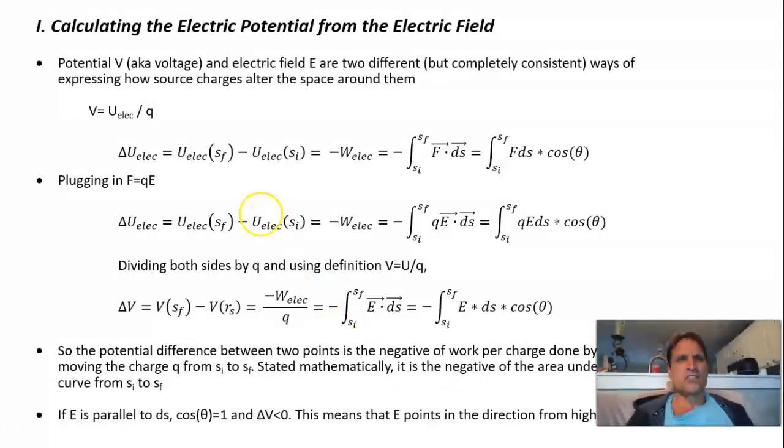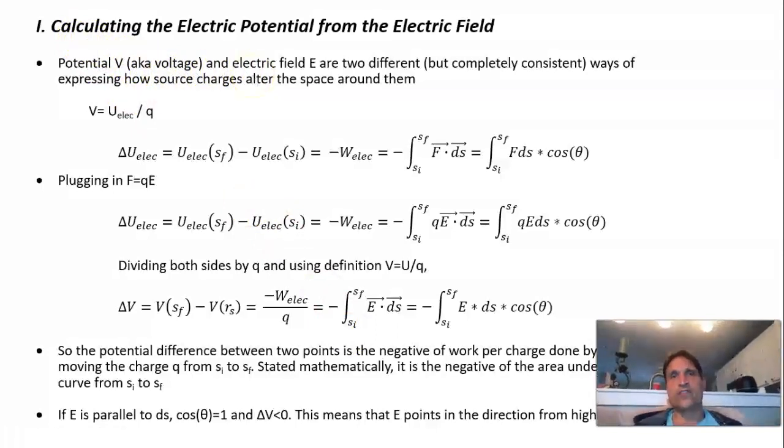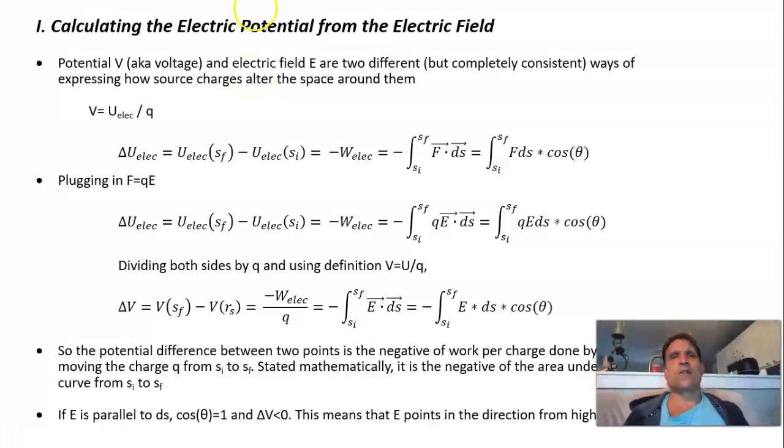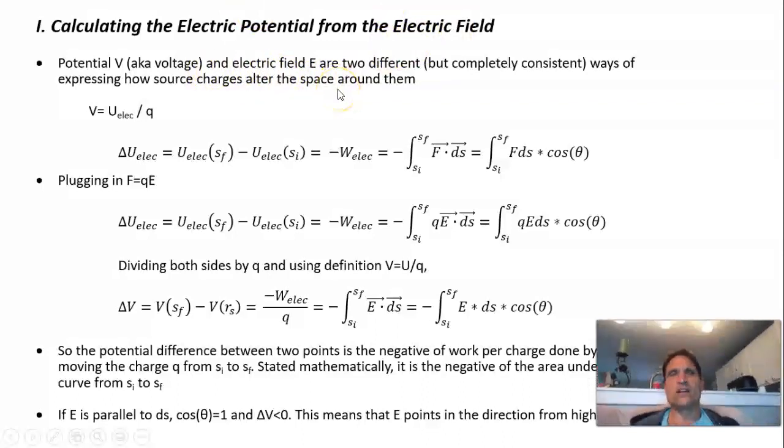So potential. Last chapter we introduced this concept of potential, aka voltage, and electric field we introduced in the previous chapter. And really, these are two different but completely consistent ways of expressing how source charges alter the space around them.